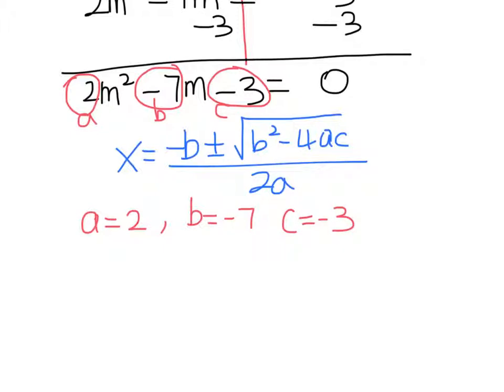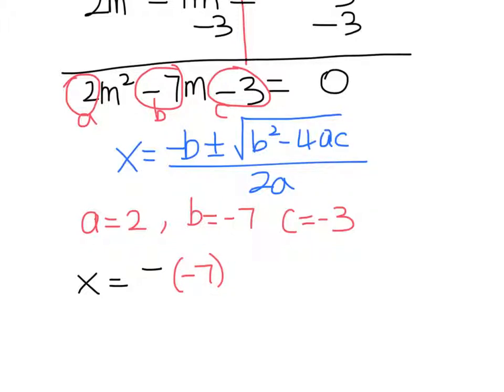So now let's do this again. As you can see, I'm doing the same thing over and over again. You get sick and tired of it, but also you'll learn it. Now I'm copying the formula: x equals, and then I have to copy the negative because that's part of the formula. Then I put in b, which is negative 7, in parentheses. Don't forget you end up with 2 negatives here because one negative is part of the formula, and this negative is part of b.